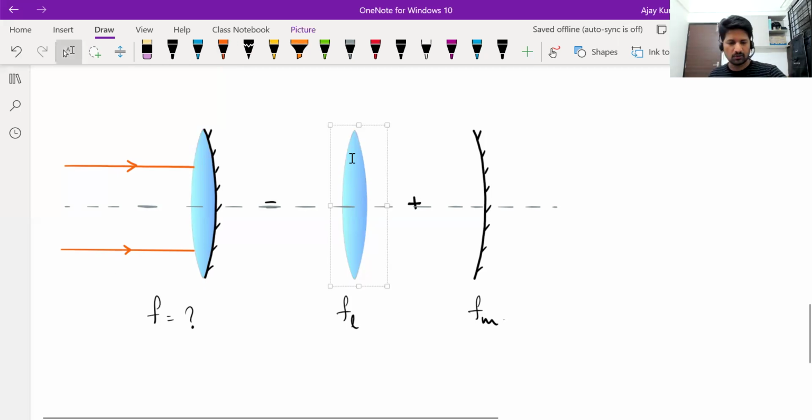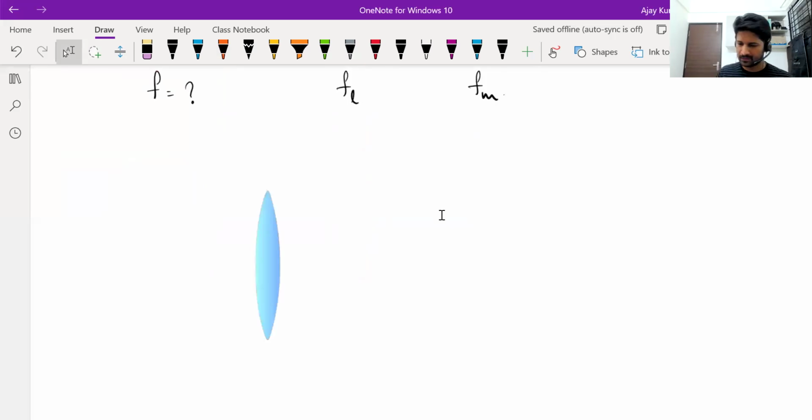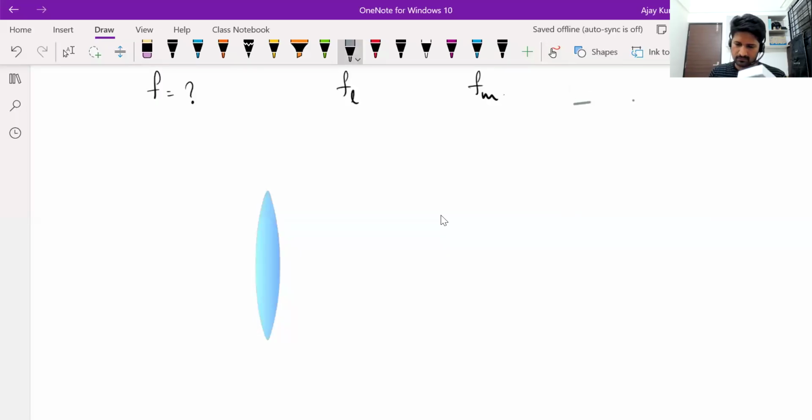So first we'll consider only the lens. Tell me, if rays are incident parallel to the principal axis, where does the lens form the image?